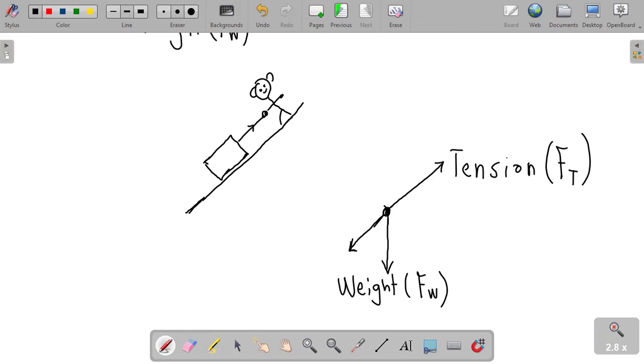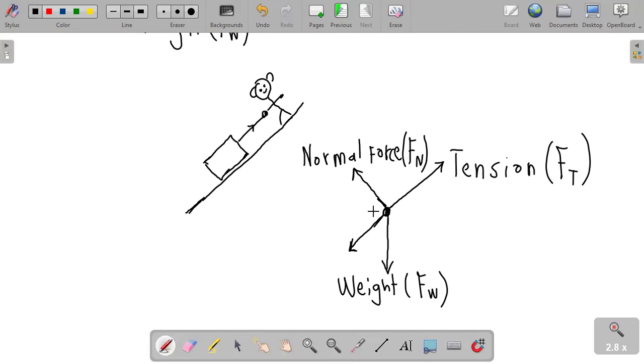And the normal force would be directly away from the surface like this. It would act in this direction. Okay, like that. So this would be the normal force here. The normal force would be in this direction because of the surface.